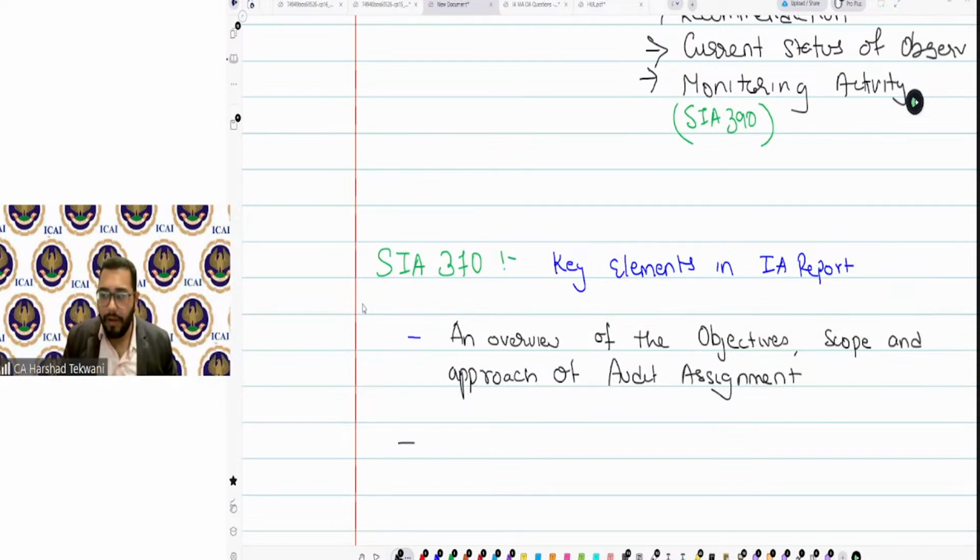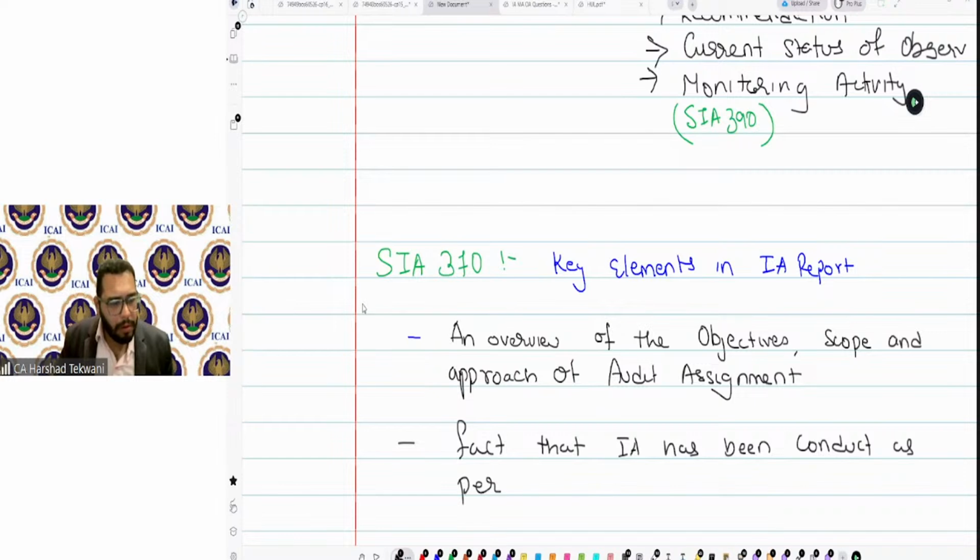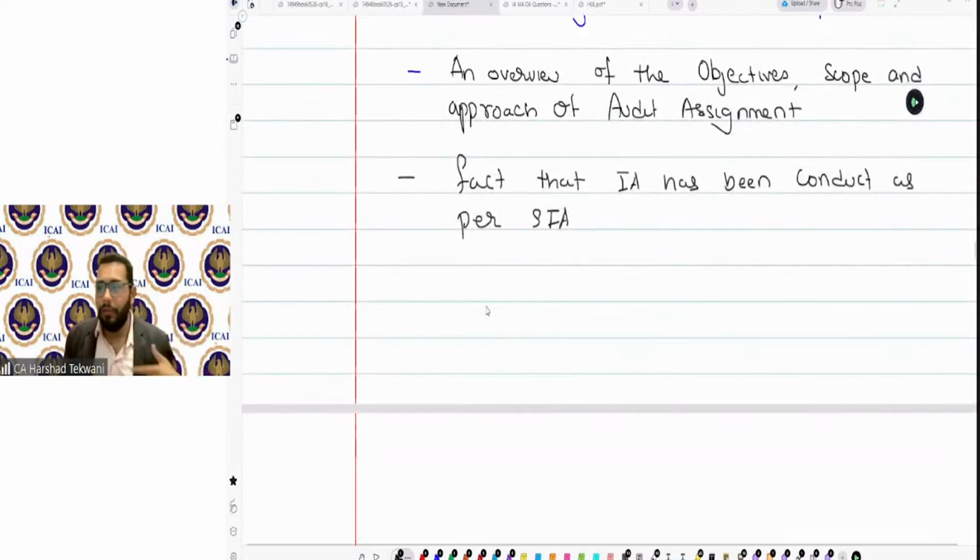Second, the fact that internal audit has been conducted as per standards on internal auditing. The way we write for a normal audit that the audit has been conducted as per the standards issued by ICAI, the same way for the internal audit.